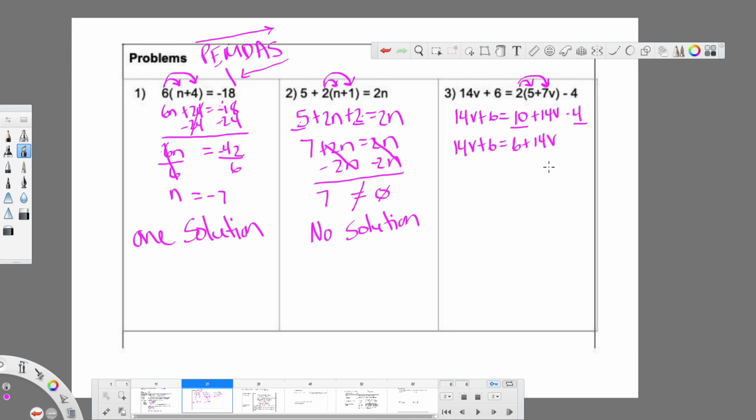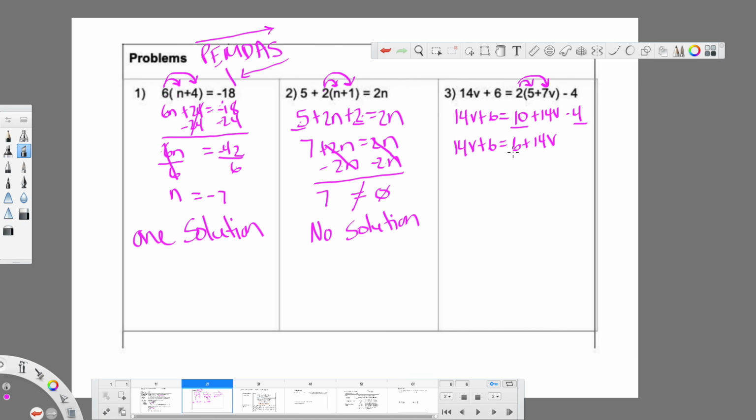I can say 14v plus 6 equals, or sorry, this is the commutative property, I believe. I was saying symmetric, but symmetric's a little different. Symmetric is flip-flopping the entire equation. But this is just moving them around. Because they're all addition, it means the same thing. I have positive 6, positive 6.